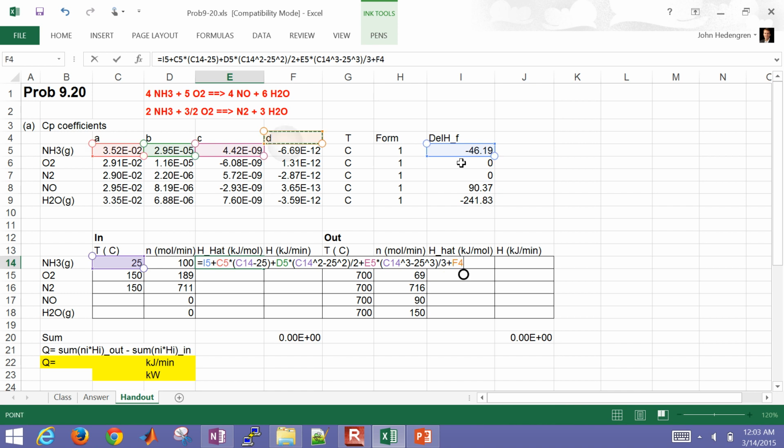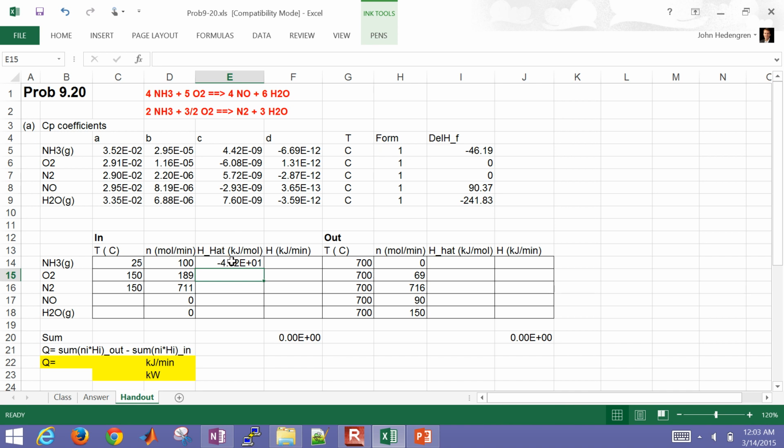Okay, and let me get my D term in there as well. There it is. And that's going to be my temperature term to the fourth minus 25 to the fourth, and then that's going to be divided by 4. So that was just going to be equal to my delta H of formation. I had no change in temperature.